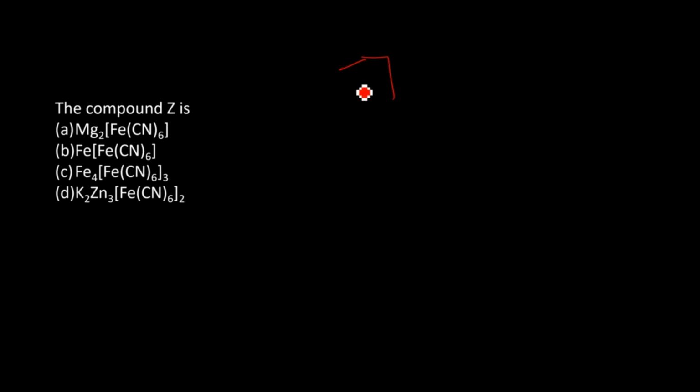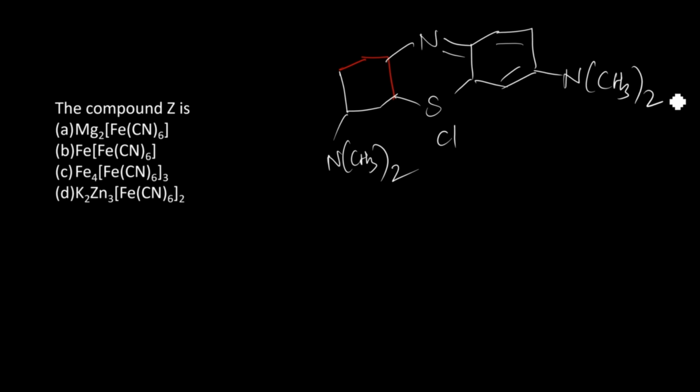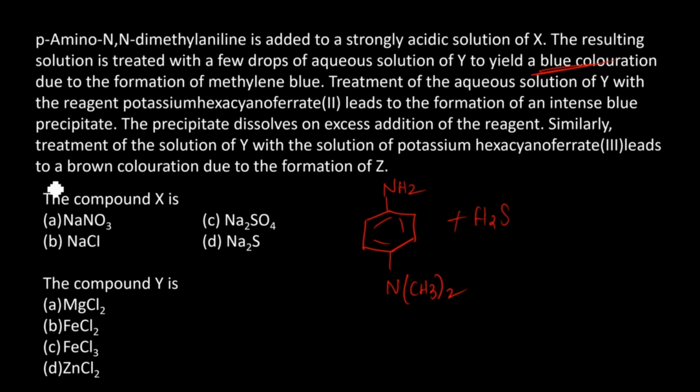What is methylene blue? You can see, methylene blue will have a structure like this, with sulfide. That's why I took H2S. So here also, this is the structure of methylene blue. Now the treatment of aqueous solution of Y. So Y here is FeCl3.